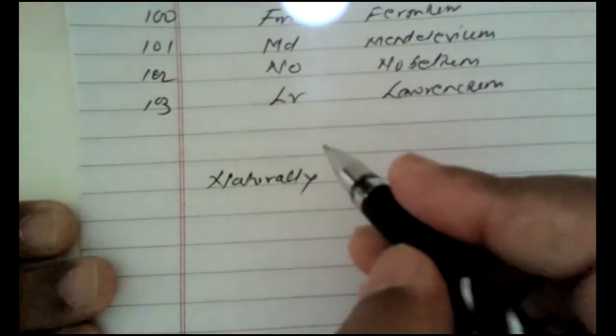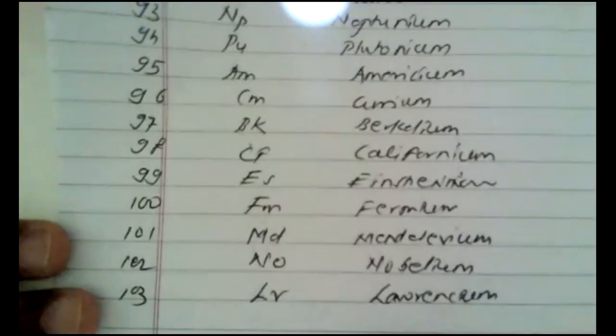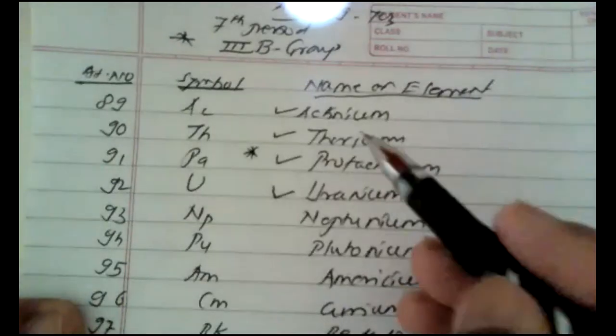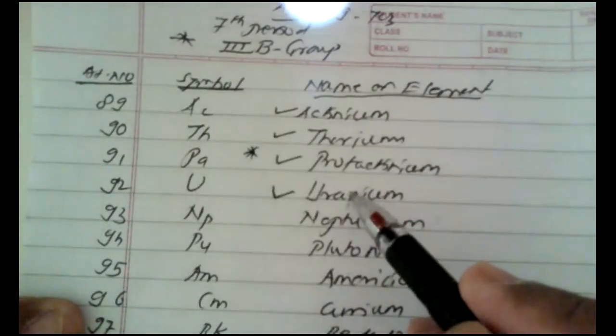Just now I have mentioned that actinium, thorium, protactinium, and uranium, these are the first 4 members. They occur naturally. So sometimes a question may be asked, which are those elements which occur naturally? Your answer should be atomic number 89 to 92. See here, 89 to 92.